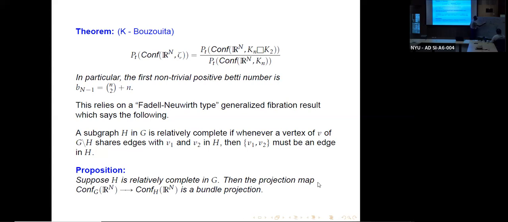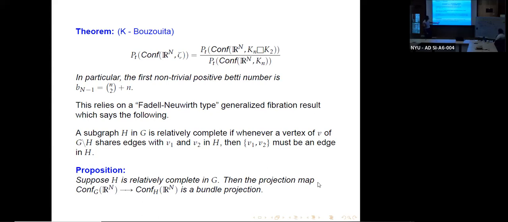So this means x1 to xk, and you project into any smaller number of points. So configuration space of r points, but r is less than k. This is a fibration. That's what people use a lot when they work with configuration spaces and manifolds, for example.